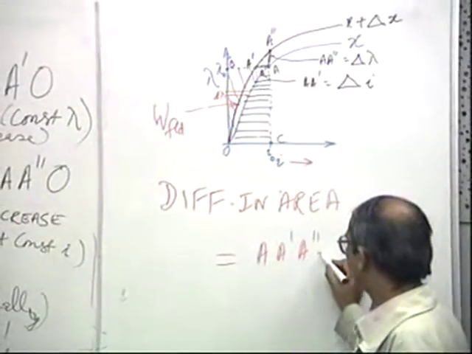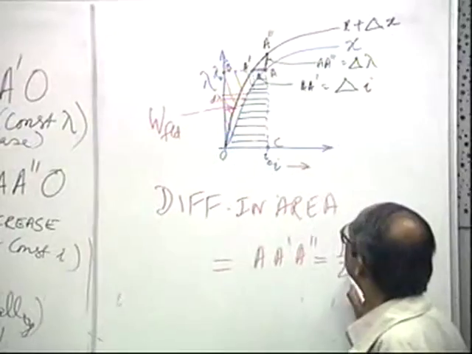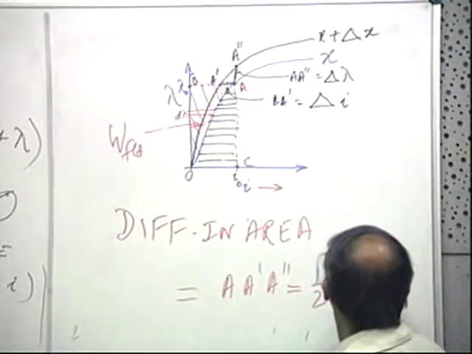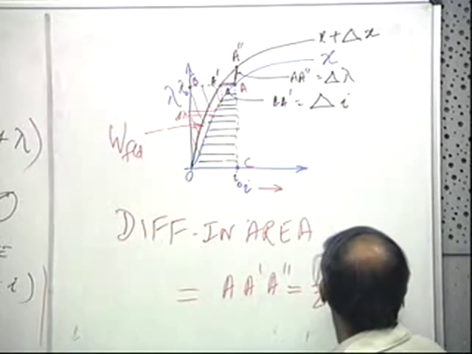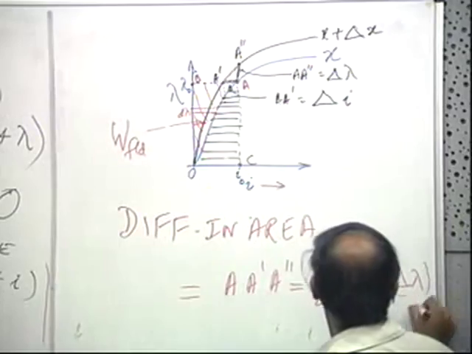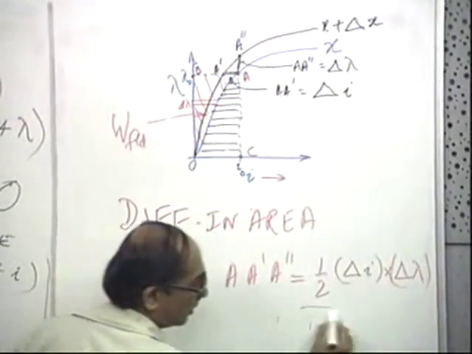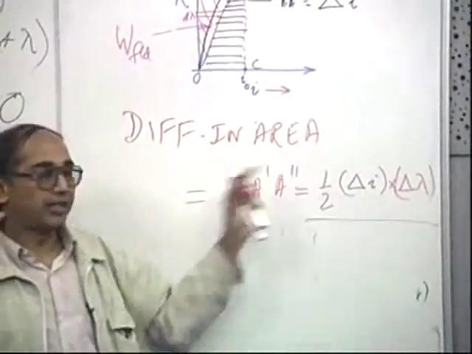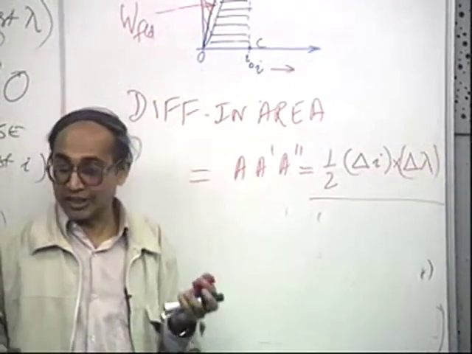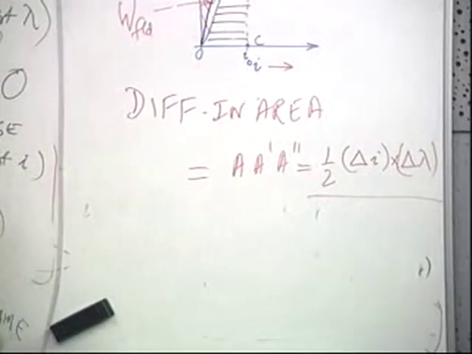What is the area equal to? It's almost a triangle, half of delta I into delta lambda. So how do you account for this?